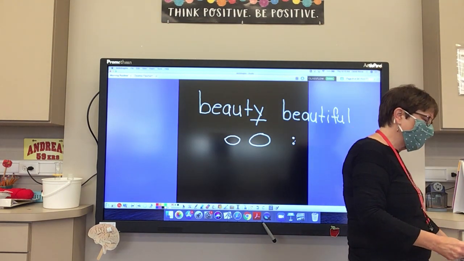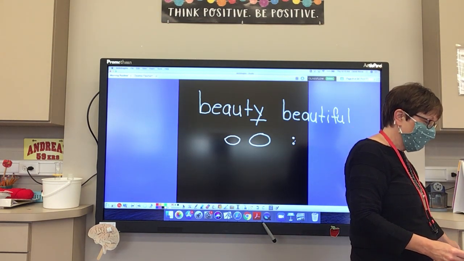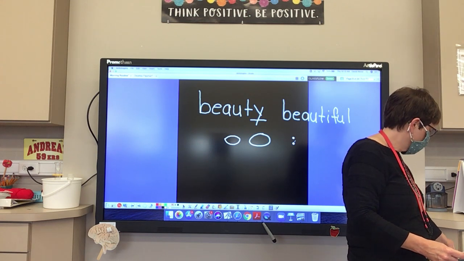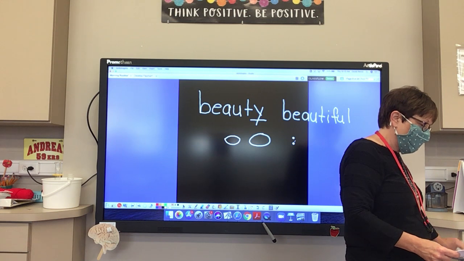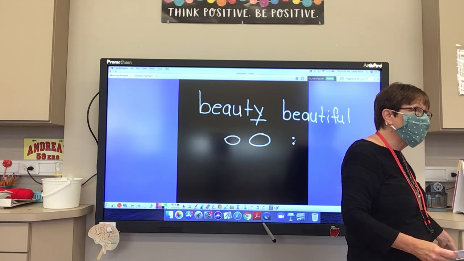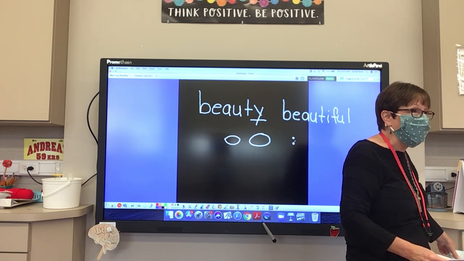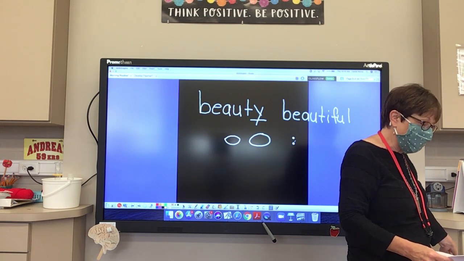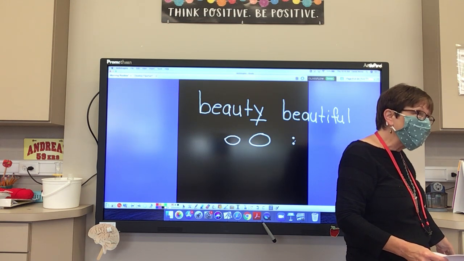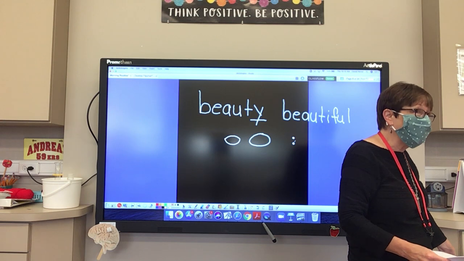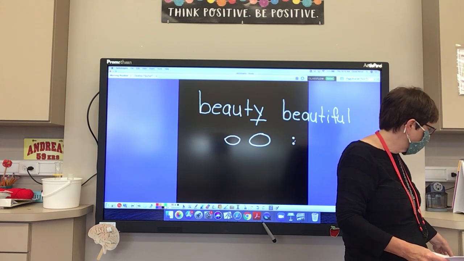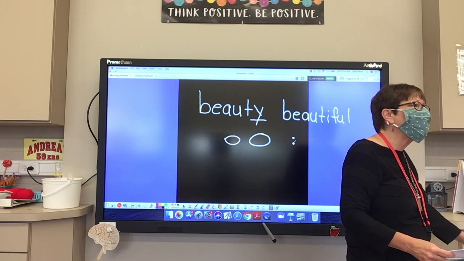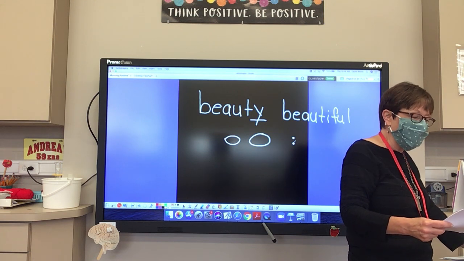Okay, page 82 and 83. So remember that the text features are there to emphasize certain ideas in the text. And graphic features help explain certain ideas in the text. So we're going to skip just to page 82 and 83 right now.